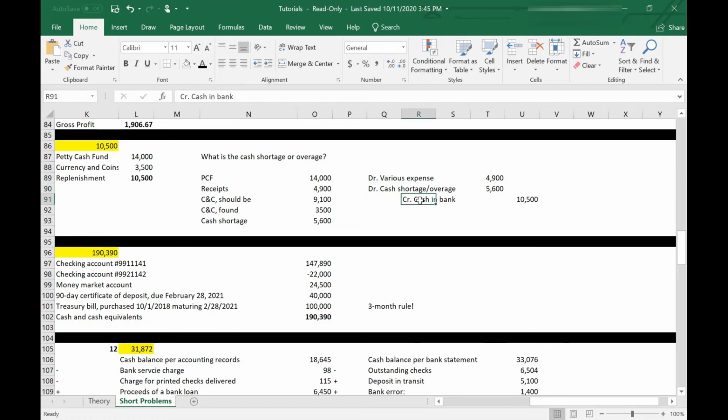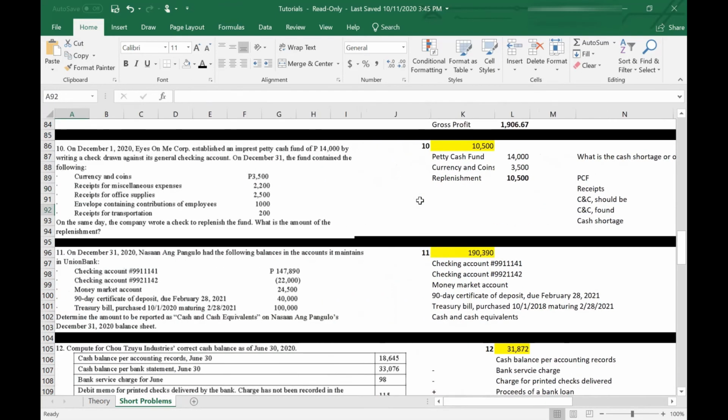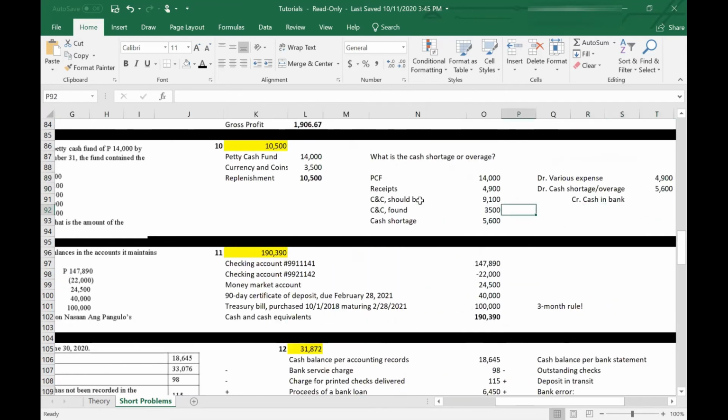So what if that 1,000 got mixed in with the 14,000? Meaning you looked at the envelope, it's empty, but it should have contents. If the envelope is empty, the presumption is that it was mixed in with the 14,000 pesos. So what we can do here is we deduct 1,000 from the 3,500. Because the 3,500 you found in the fund includes 1,000 that came from contributions.